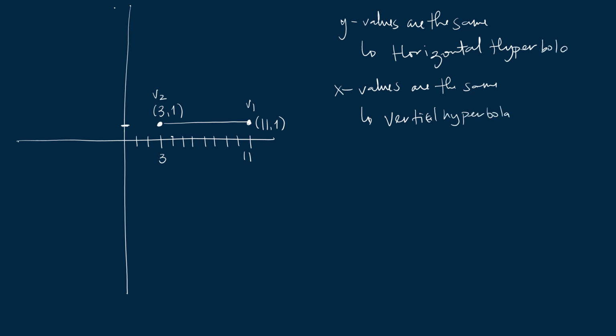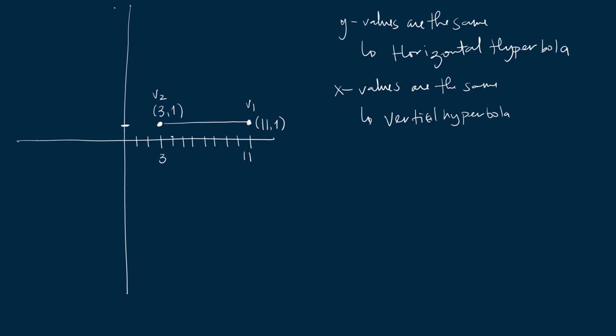So, you have already the clue. You do not need to graph your given properties. If the two values of your y are the same, therefore, we can conclude that this is a horizontal hyperbola.